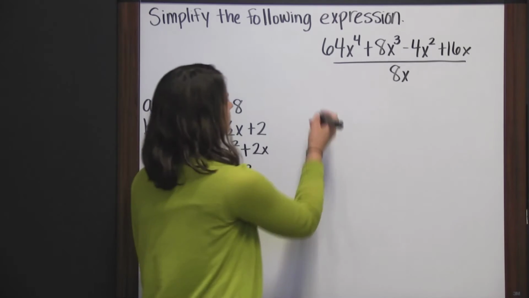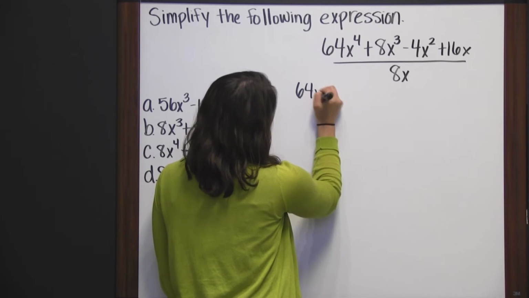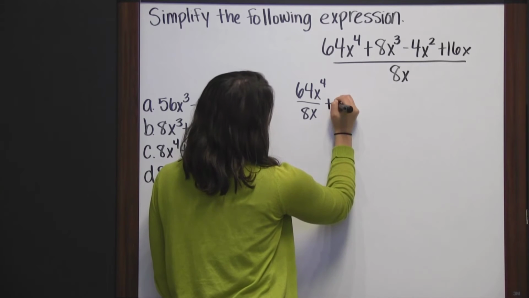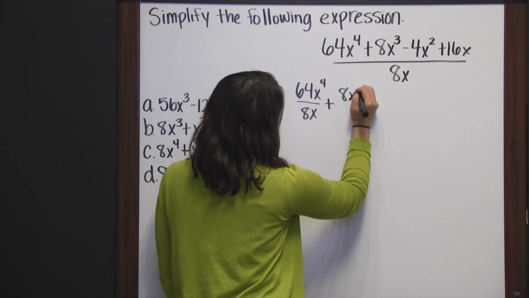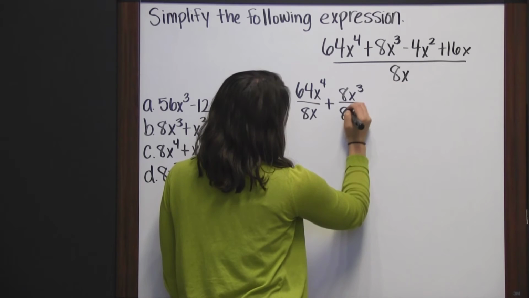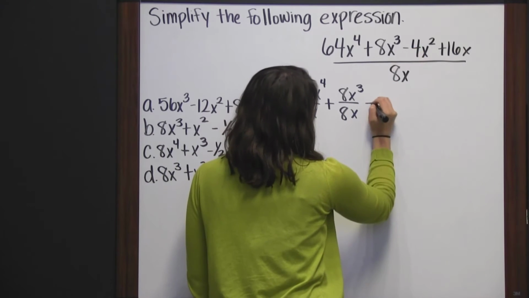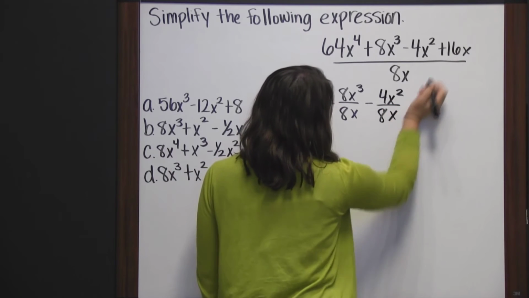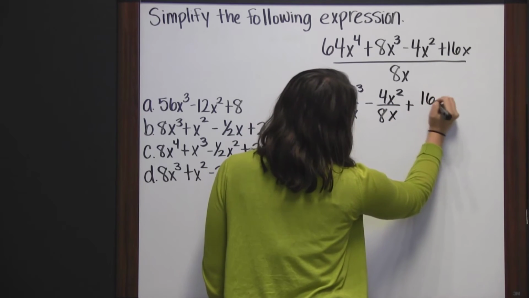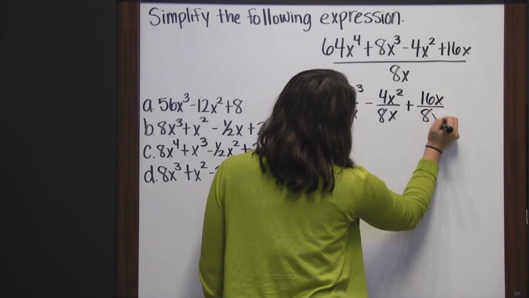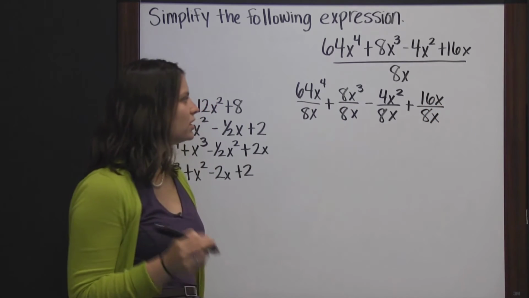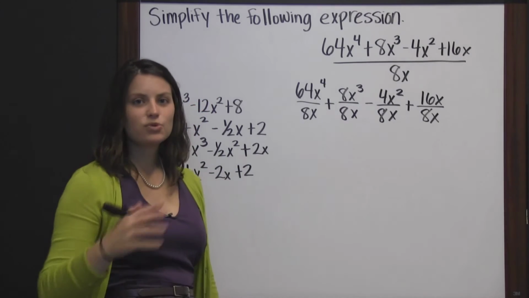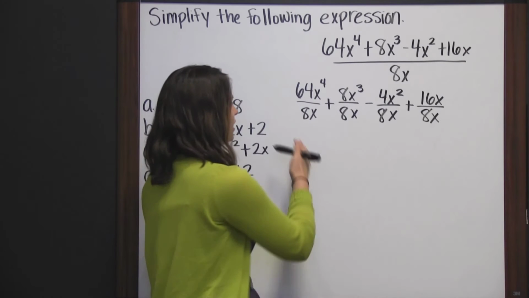I'm going to break this up. 64x to the fourth divided by 8x plus 8x cubed divided by 8x minus 4x squared divided by 8x plus 16x divided by 8x. Every single term is divided by 8x. So now we can take each one of these individually and divide by 8x.